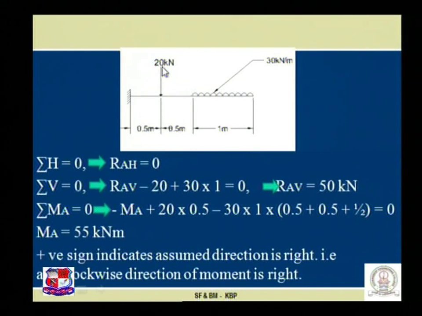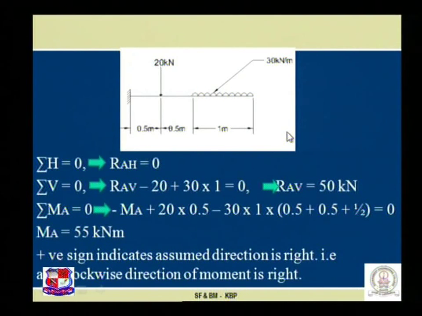Next, 20 into 0.5 creates a moment of clockwise nature, so this is plus. Please bear in mind, instead of minus this is plus sign, because this also creates a clockwise moment. So plus 30 into 1 into (1 plus 0.5), which is equated with 0.